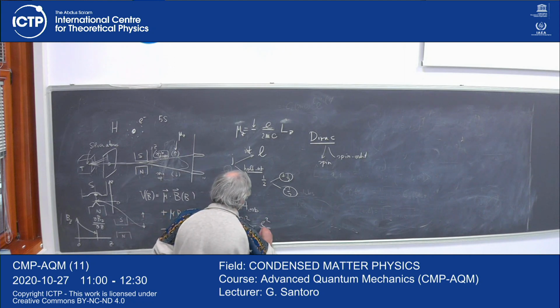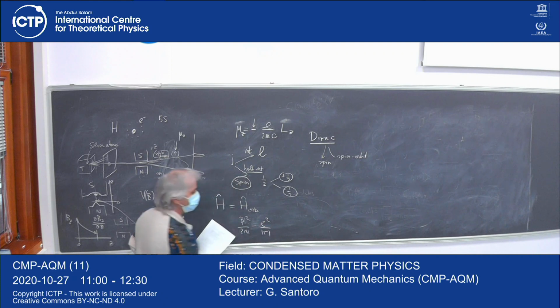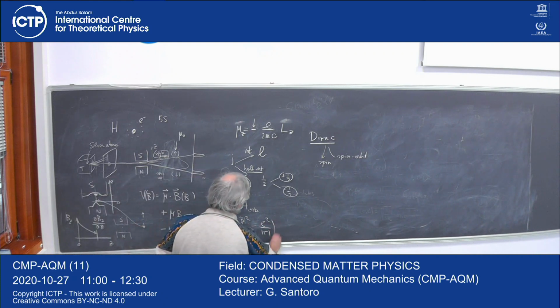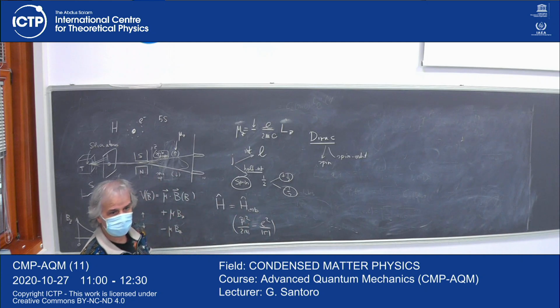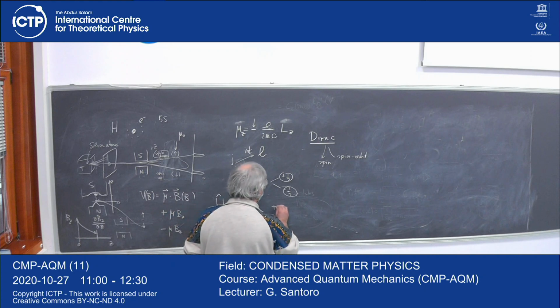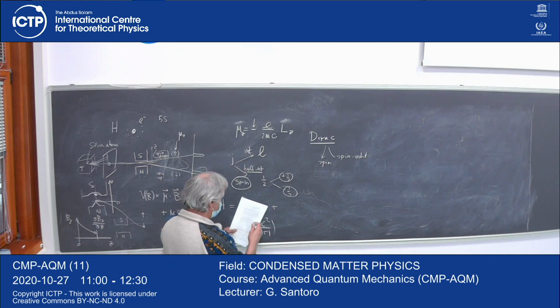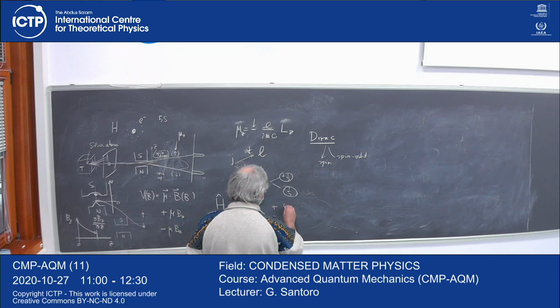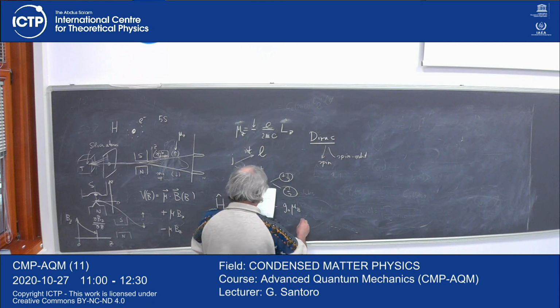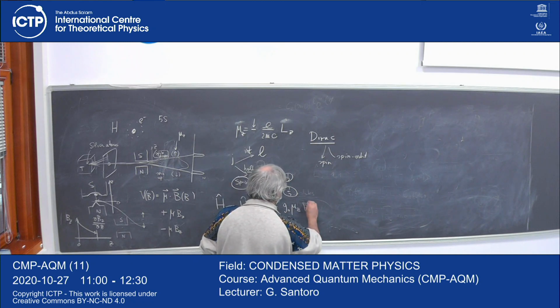Minus e squared divided by the distance from the nucleus. More about this later on. There is a Hamiltonian that governs the orbital motion, kinetic energy and potential. But there is an extra term, which you clearly see when you do the non-relativistic limit of the Dirac equation, which is written in the following way.